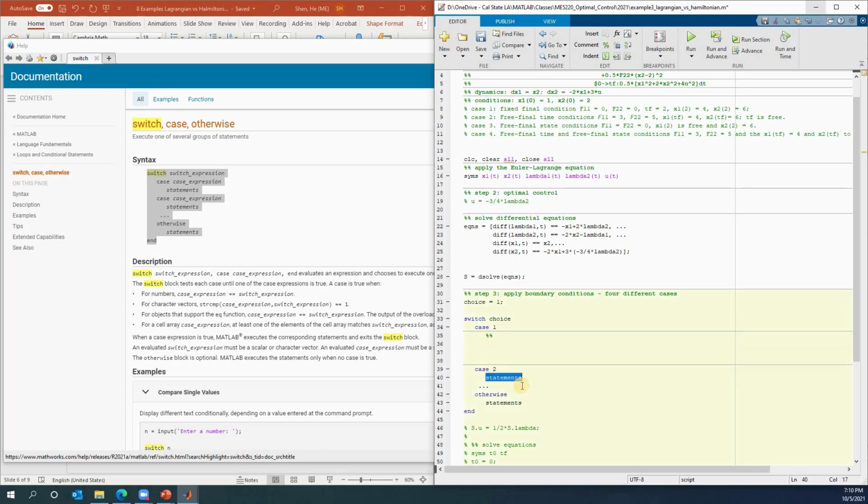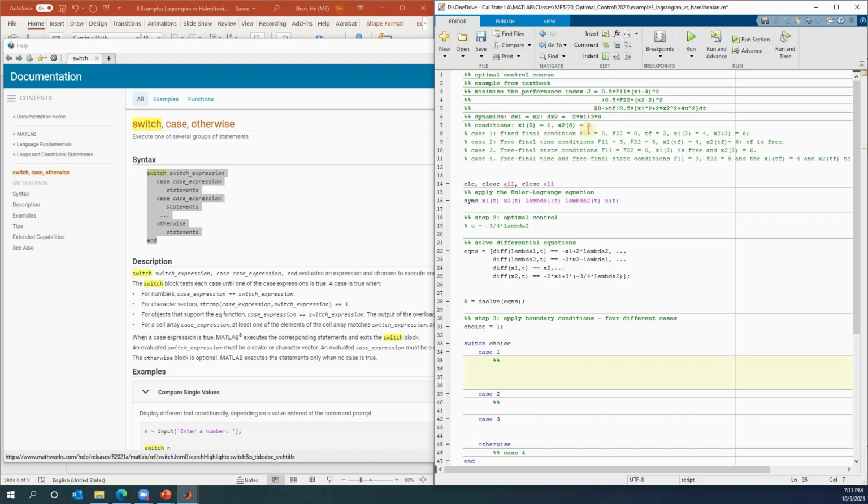And if it's the second case, we can do something else. And if it's the third case, we'll do something. And the last case is case 4. We can use otherwise. So in case 1, we're dealing with the condition of f11 is equal to 0.